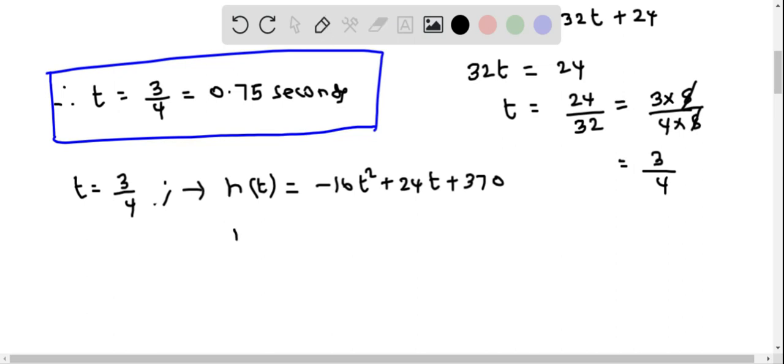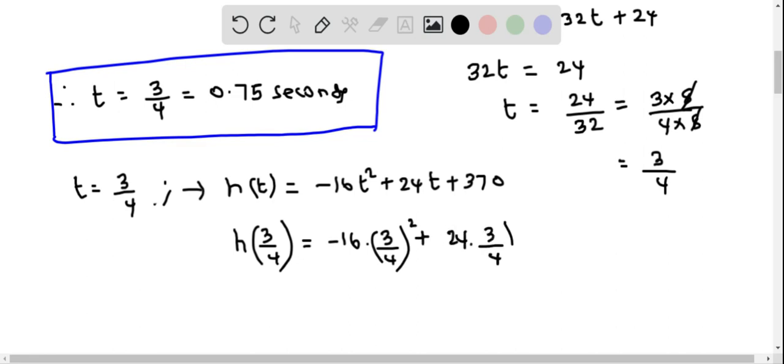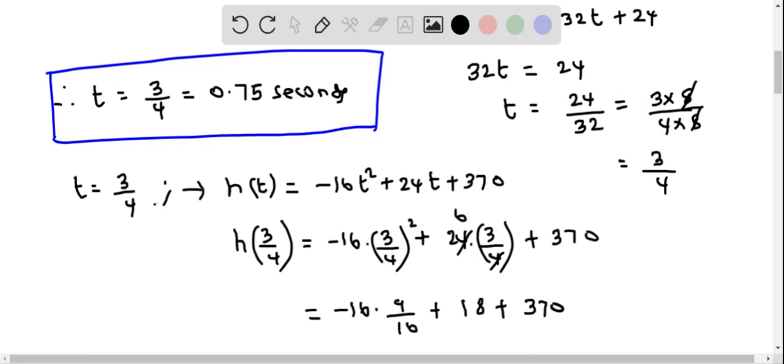So we get h of 3/4, and this equals negative 16 times 3/4 squared plus 24 times 3/4 plus 370. And so this equals negative 16 times 9/16, plus, this I can cancel, 6 times 3 is 18 plus 370.